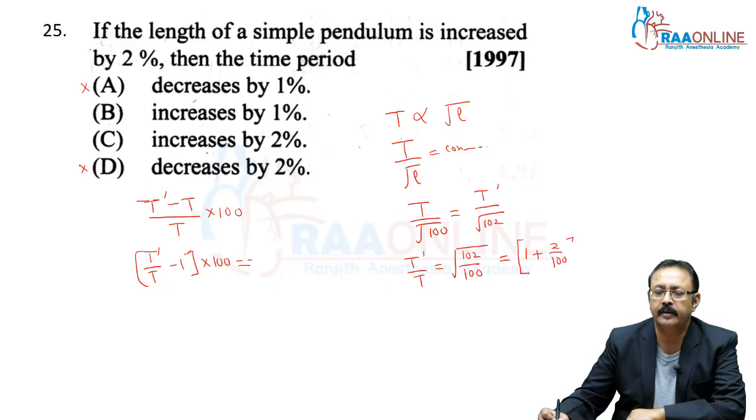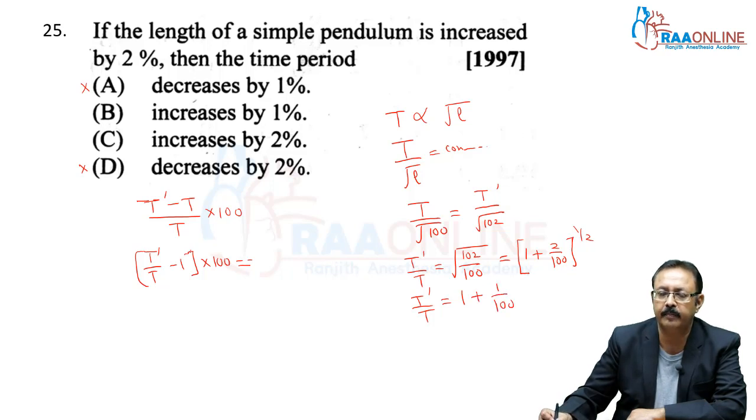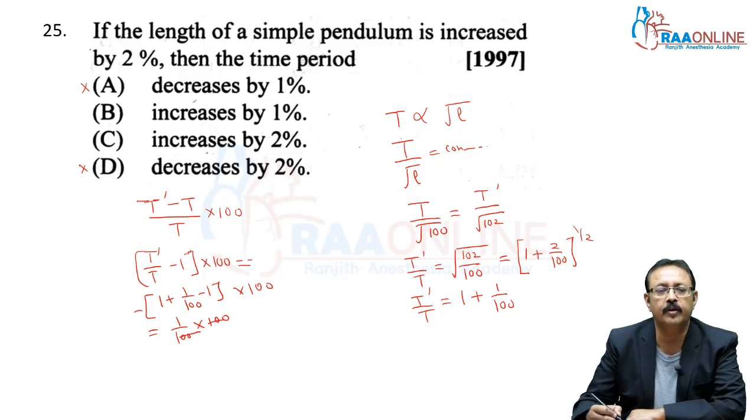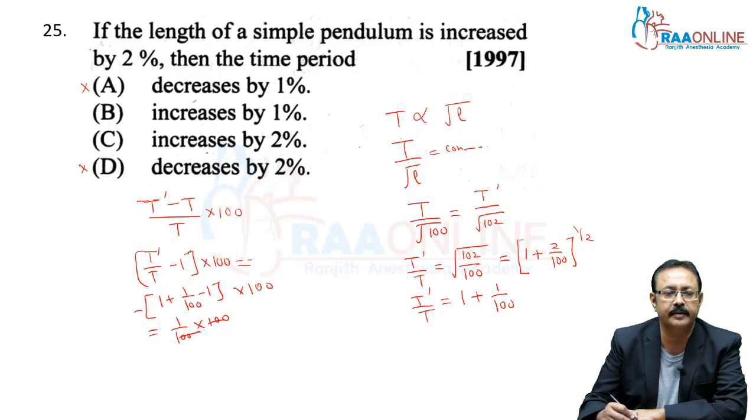If first term is 1, second is less than 1, you can multiply the power with the second term, ignoring the next terms which have higher powers. So 1 plus 1 upon 100, multiply 1 by 2 with this. So T dash upon T, we got 1 plus 1 upon 100. So what we are getting? 1 upon 100 into 100 means 1. So we will go with increase by 1%, B option.